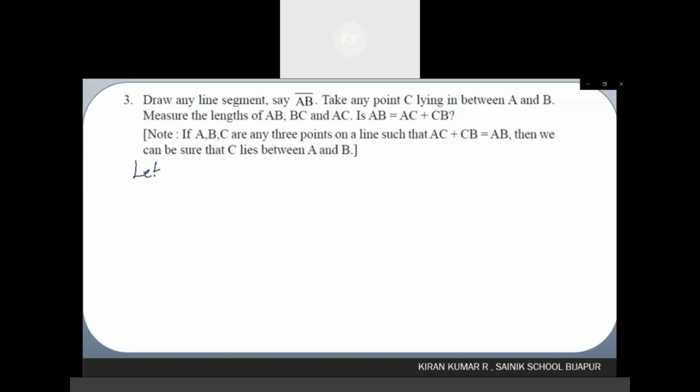Let us consider a line segment AB. Roughly, I am drawing a line segment AB.